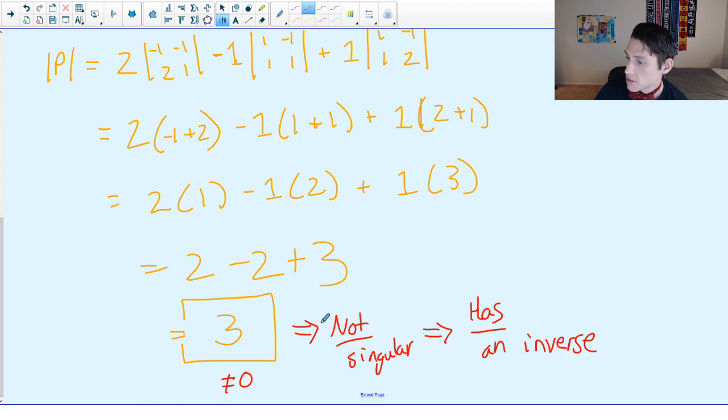Okay, it's a relationship between these three properties: determinant is not 0, that means it is not singular, which means it does have an inverse. Or if the determinant were 0, that means this is singular, which means that it does not have an inverse. Okay, so kind of have to think about those relationships.